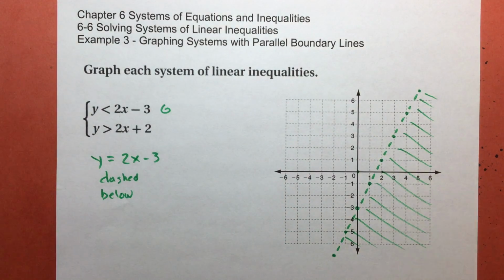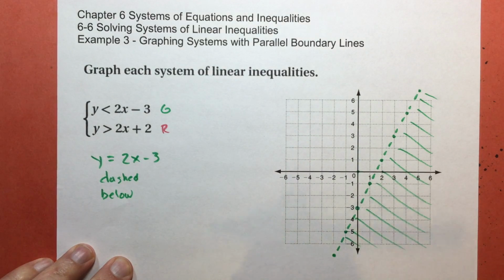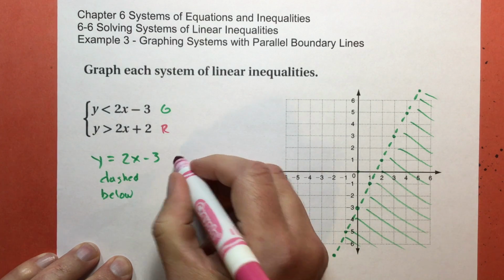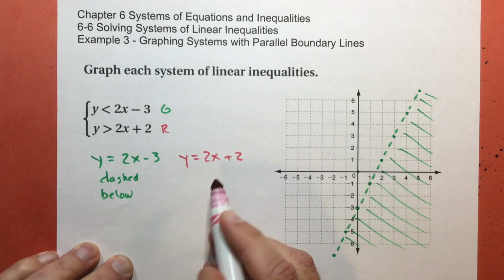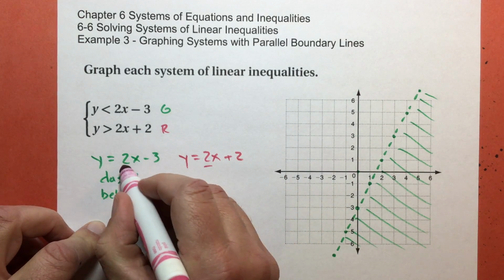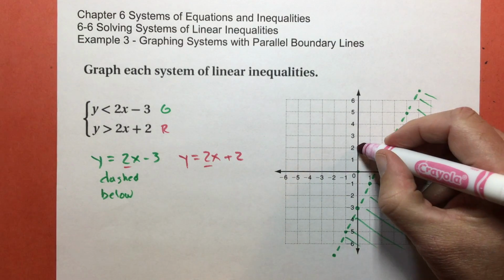All right, let's talk about the other one, which I'm going to do in red, pink, mauve, whatever it is. The boundary line is going to be y equals 2x plus 2. Notice that these have the same slope. Lines that have the same slope are parallel. My y-intercept is 2, which is right here.